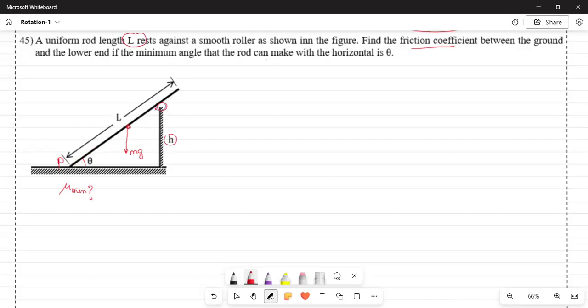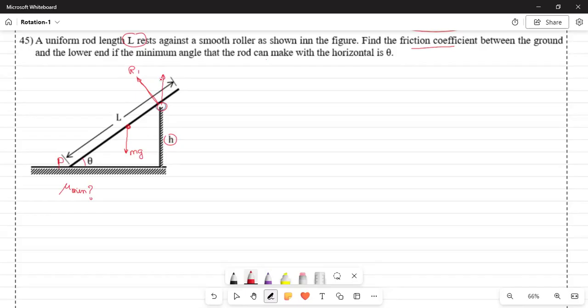Now, this roller, obviously, since it is a roller, it will apply a perpendicular force on the rod. Let this force be R1. It has got two components.